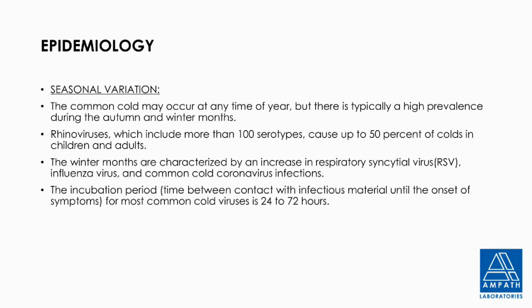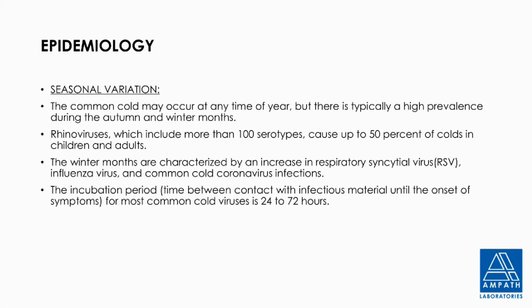The important thing to note as part of your epidemiology is that the common cold may occur at any time of the year, but typically it has a high prevalence during the autumn and winter months here. In South Africa, we experience it generally between March into September.